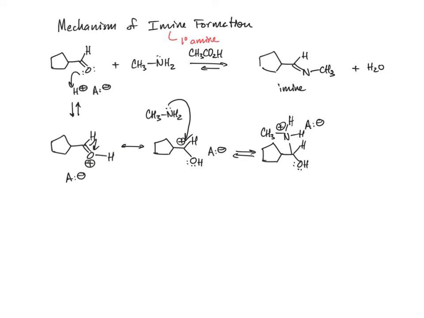So this is a good example of when we're looking at mechanisms, like where we're at and where we need to be, so we can just take inventory of what we need to do. So notice now this carbon is sp3 hybridized. We have OH, we have this nitrogen that's positive. We need to get from here to there.